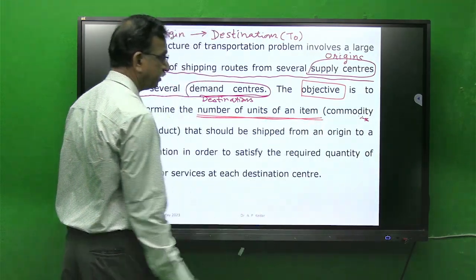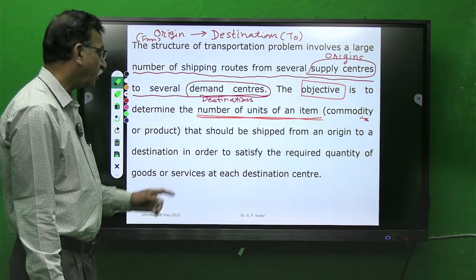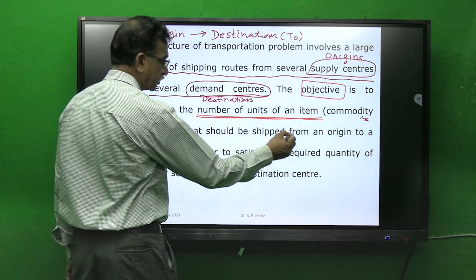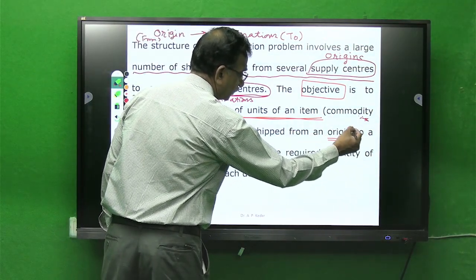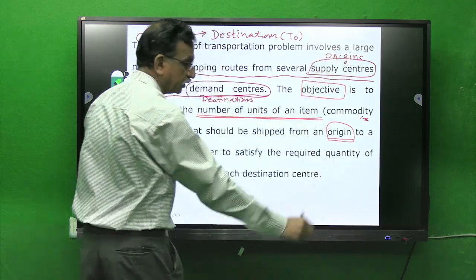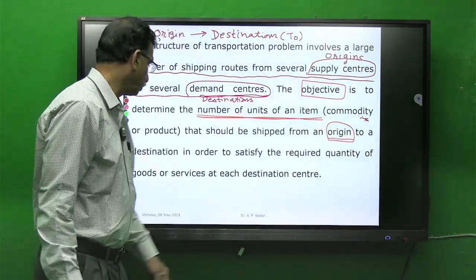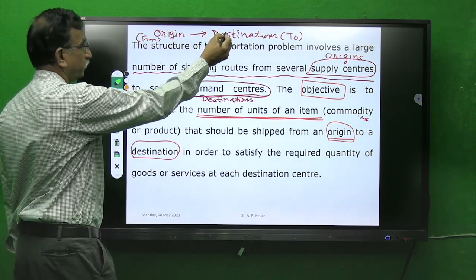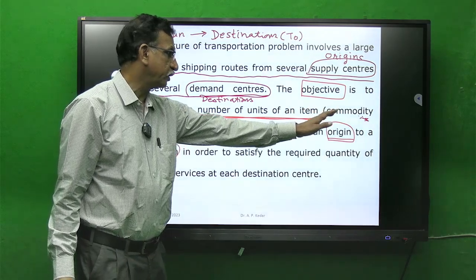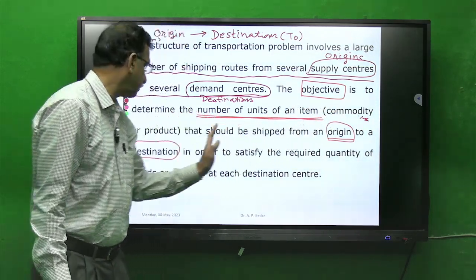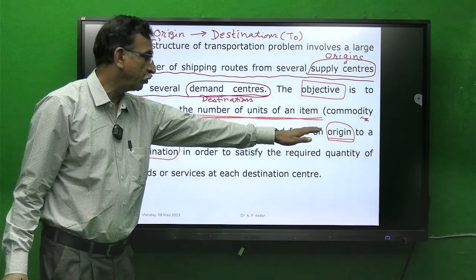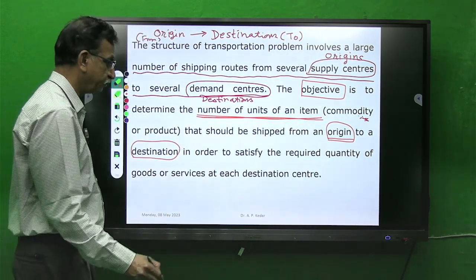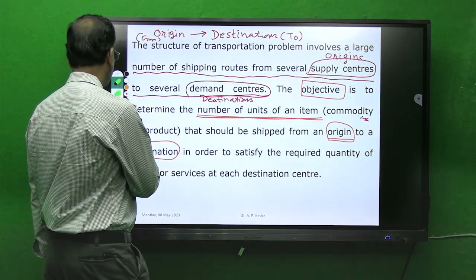Number of units of items, or another name, commodity or product, that should be shipped from an origin to a destination. From origin to destination. How? That is very important.